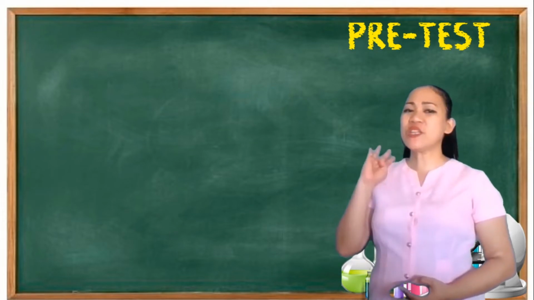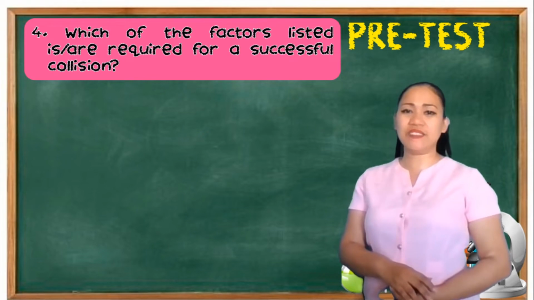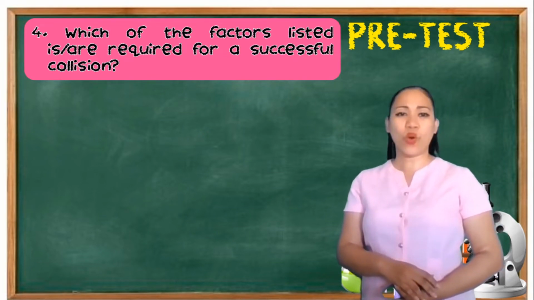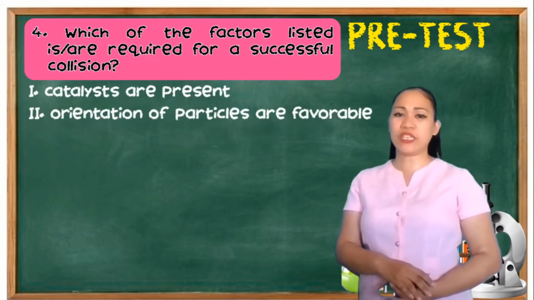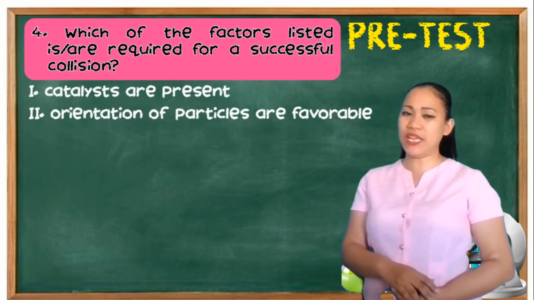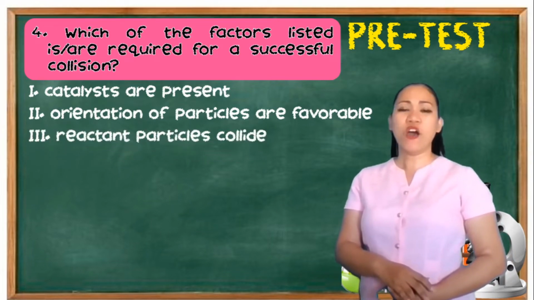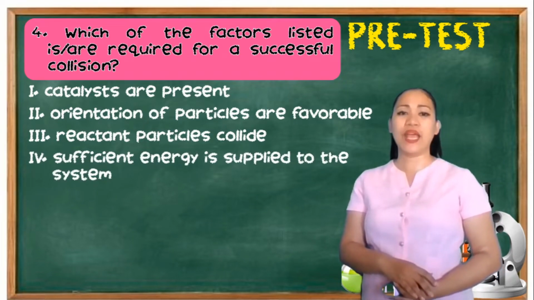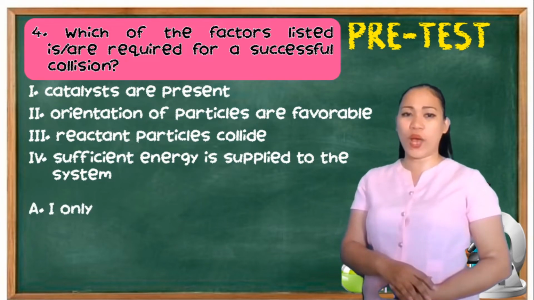For question number 4. Which of the factors listed are required for a successful collision? 1. Catalysts are present. 2. Orientation of particles is favorable. 3. Reactant particles collide. 4. Sufficient energy is applied to the system. The choices are, for letter A, 1 only.